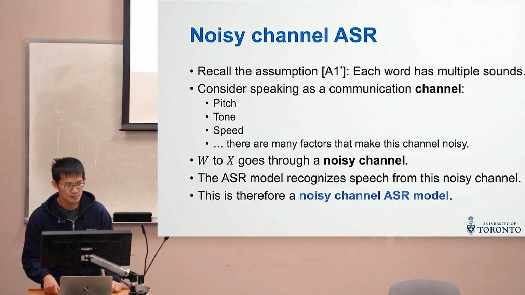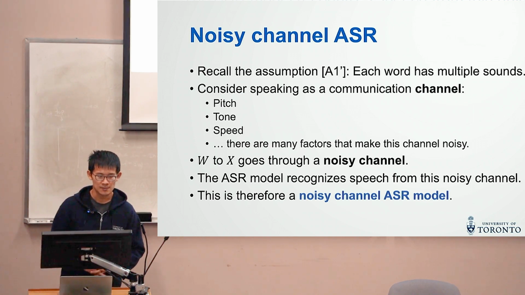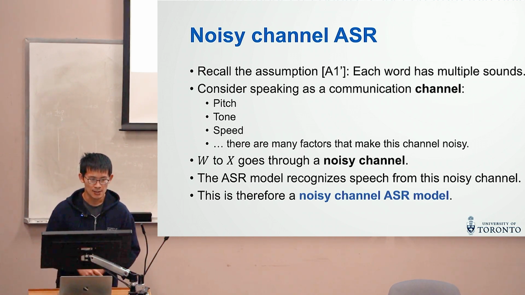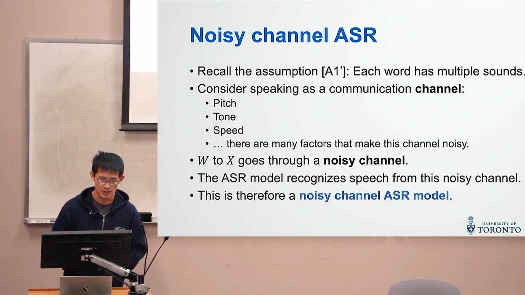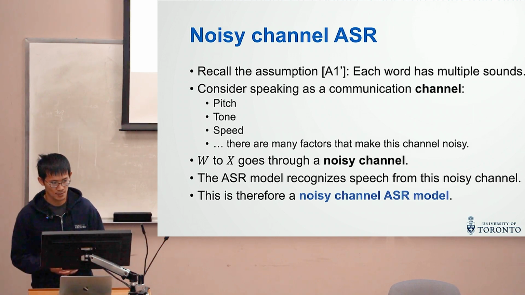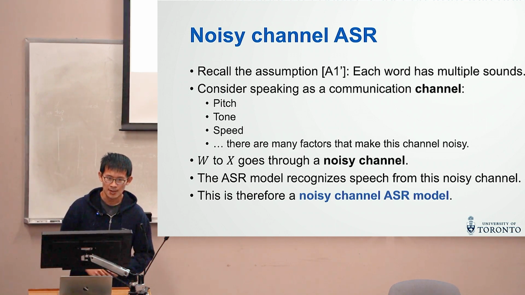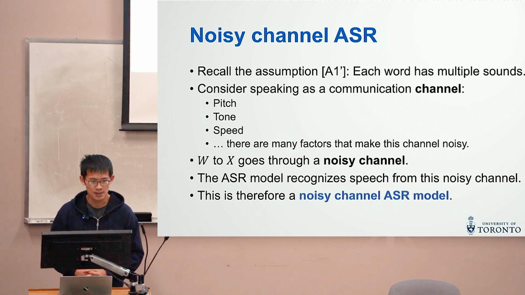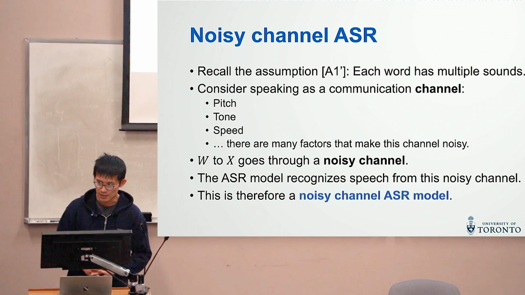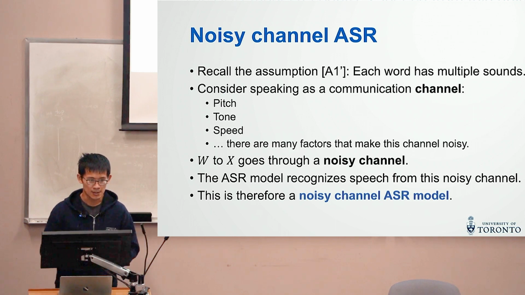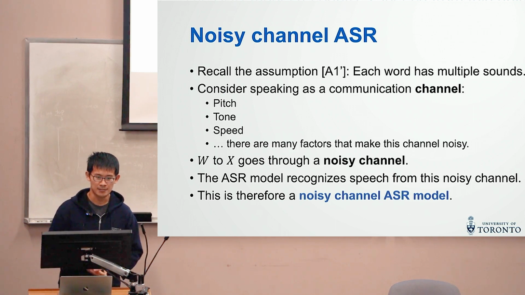There are also many different ways to speak. For example, sometimes you speak louder, which gives the sound more loudness and larger amplitude. And sometimes you speak a little bit higher, which gives a higher pitch, and the frequencies are higher as well. So there are many factors that make this channel noisy.